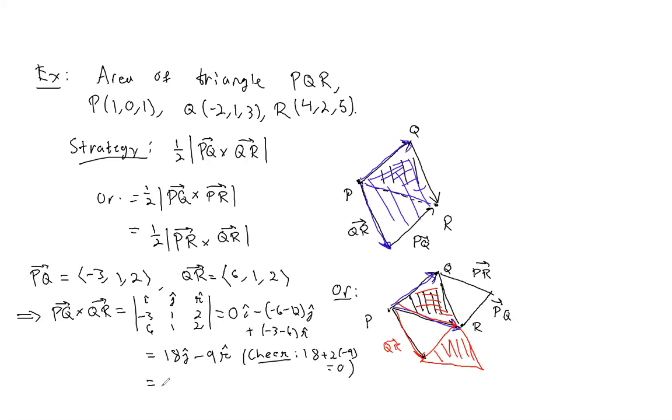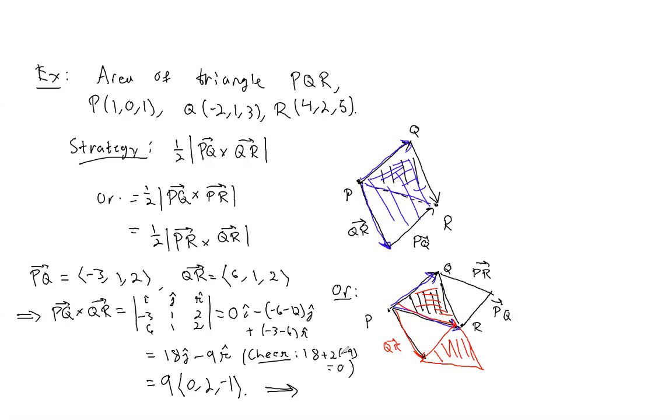We can do a little trick here though. The trick is that's the same thing as 9 times the vector 0, 2, -1. All I did was factor out a 9. That's going to help us, and it's going to make our calculations a little bit easier.